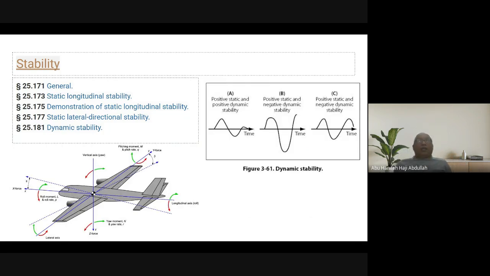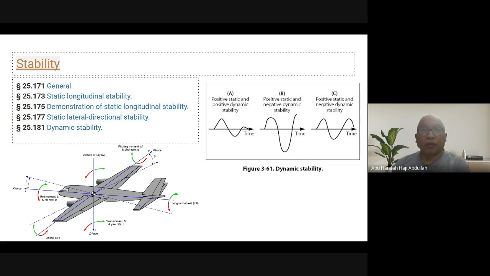There's static longitudinal stability and static lateral stability. If you study the detail, this is a body in space. This body in space has all this motion. We have roll, we have yaw, we have pitch up and down, and for every force here or every line reference here, we also have torque.